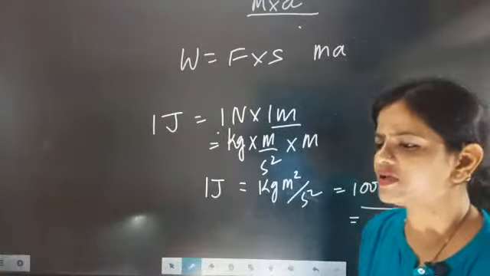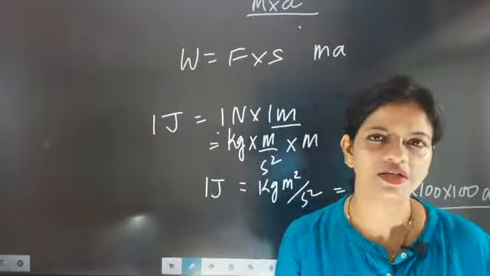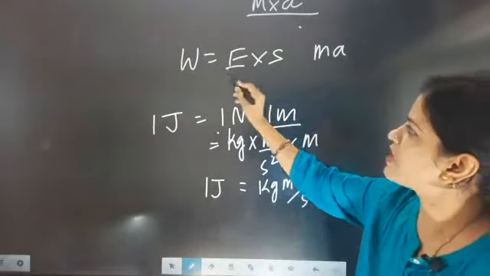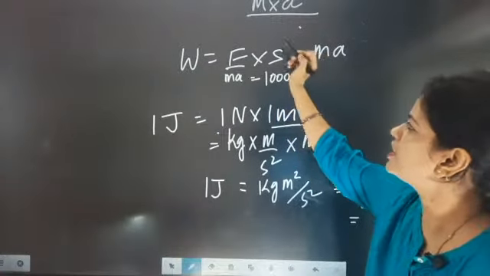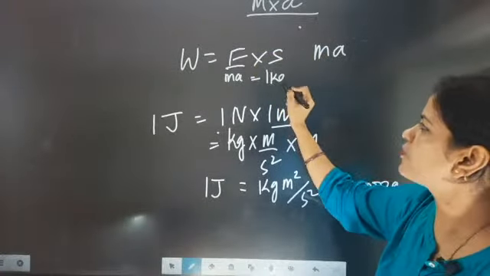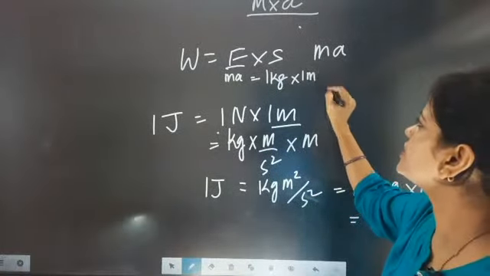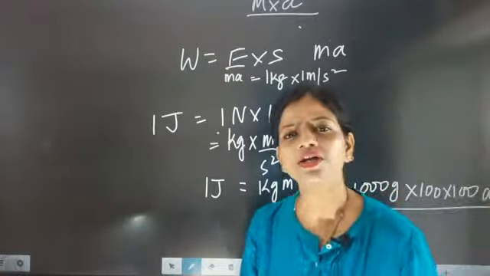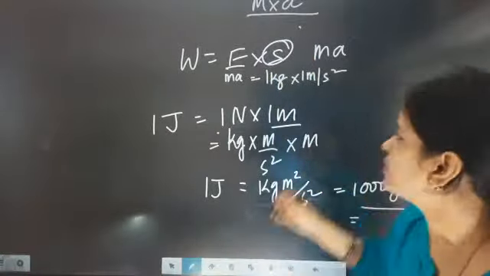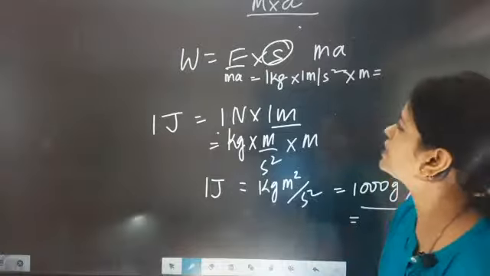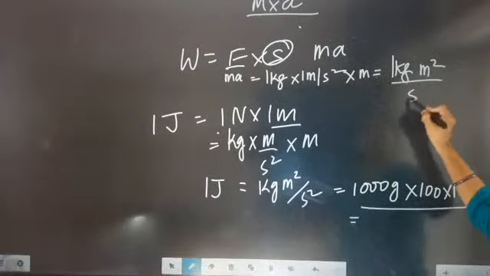It's just a simple activity. See, you have to take Newton. You know that force is mass into acceleration. Mass is 1 kg, acceleration is 1 meter per second square, and displacement SI unit is also meter. So it is going to come as 1 kg meter square per second square.